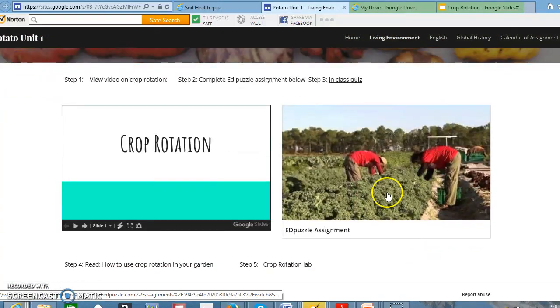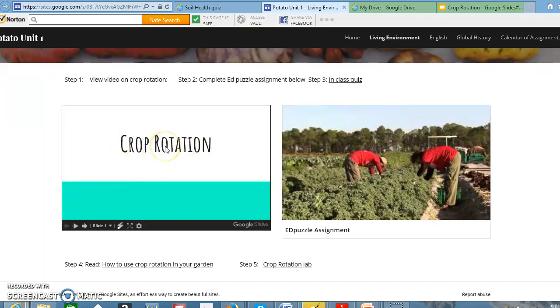You're going to watch an Edpuzzle and answer some questions based on crop rotation. We're going to talk about how we are going to use crop rotation in our garden when we plant the potatoes. And then we are going to do a lab based on crop rotation. So you're going to learn how we apply crop rotation to planting potatoes and what that has to do with living environment and science.